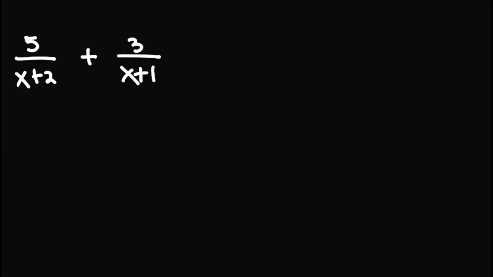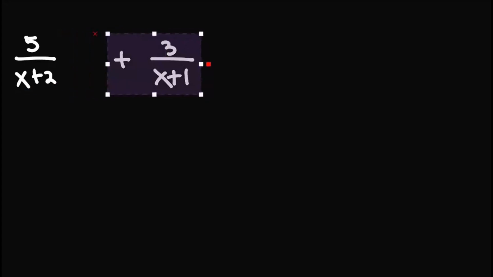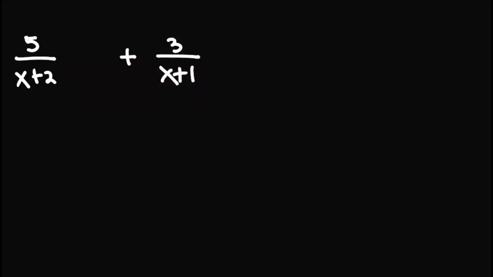to make the denominator the same, what we do is, since this doesn't have any common factors, we multiply this denominator out here. So we multiply x plus 1 all over x plus 1.